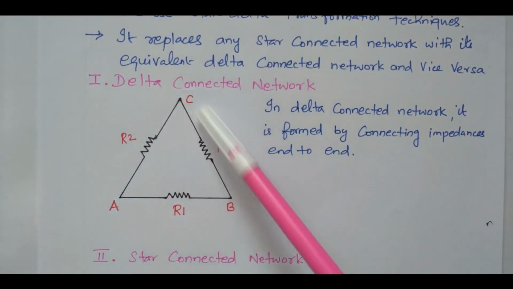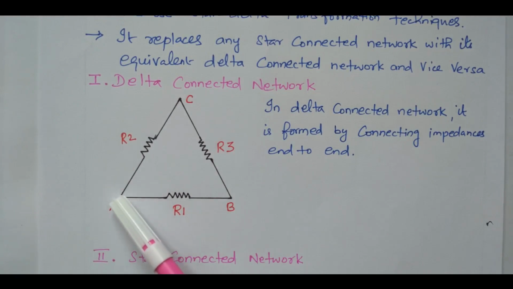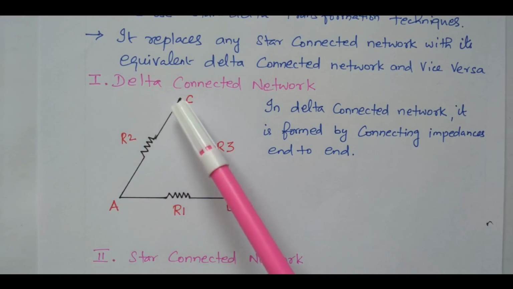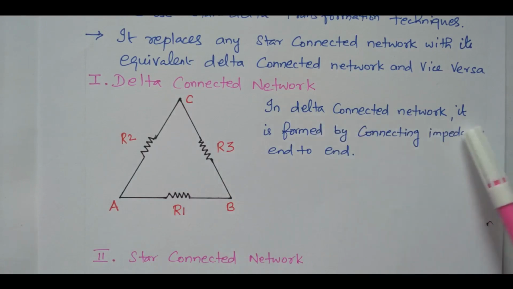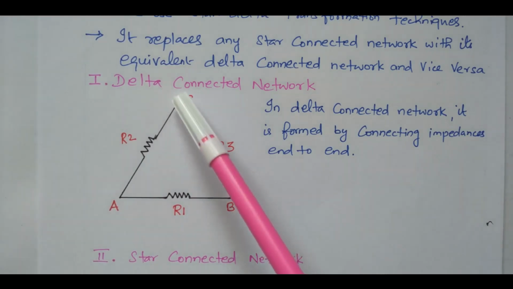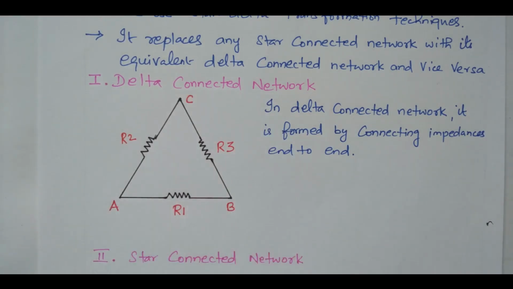So this is the delta connected network, where the resistors, the impedances, are connected end to end. One end of a resistor is connected with another end of another resistor. From this we can take the 3 phases.